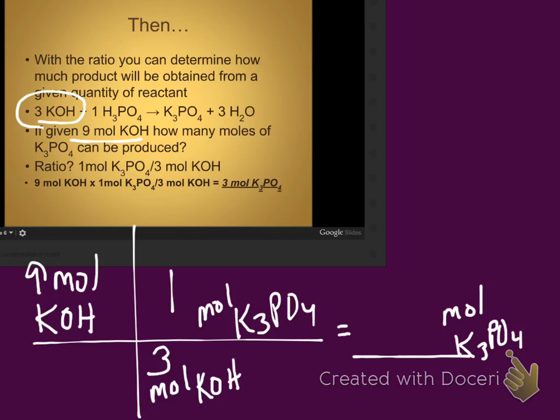So this one's the E, multiply across the top, multiply across the bottom, and divide. The math is pretty easy on this one. You can do it without calculators or anything else. How many moles of potassium phosphate are we going to get? 3. And that would be our final answer, 3 moles of potassium phosphate. No need to worry about sig figs or anything else here.